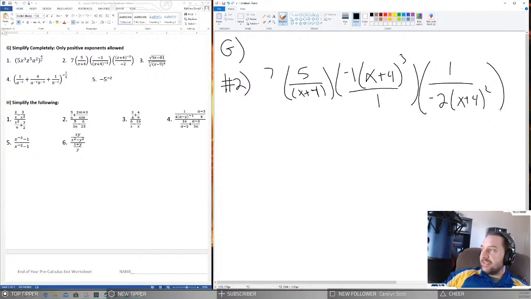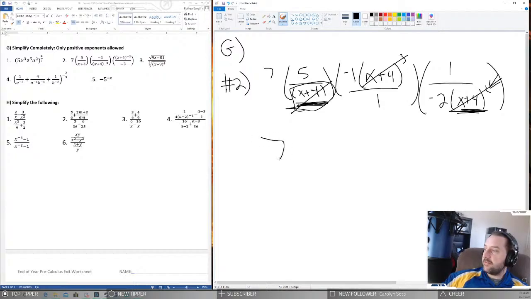So now I want to try and clean this up and see, does anything else cancel out? Well, I have 1, 2, 3 x plus 4s on the bottom. I have 2 here, and then I have another one here, so that gives me 3. Well, that's going to cancel with the 3 x plus 4s I have on top.